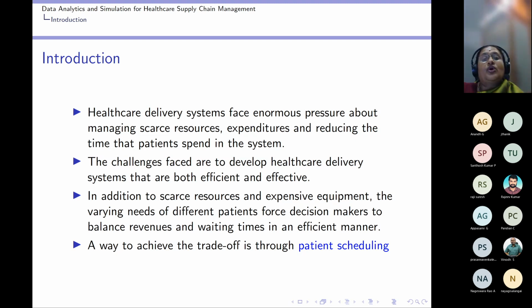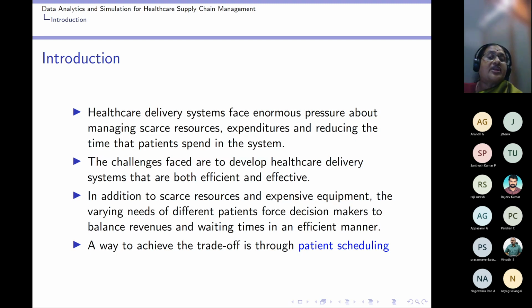So we need to borrow our ideas from operations research, because operations research is always about achieving trade-offs. What are the key trade-offs I want to make? I want to minimize patient time and I want to maximize resource utilization. Minimizing patient time is from the patient perspective.